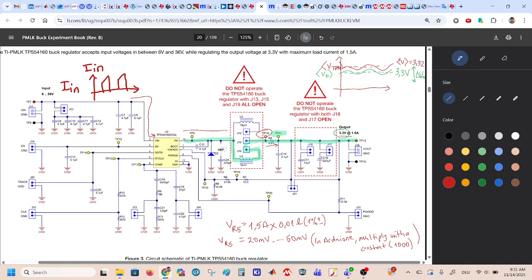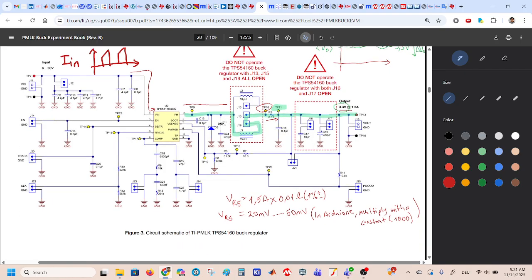And the second idea was also to measure between TP9 and TP11.